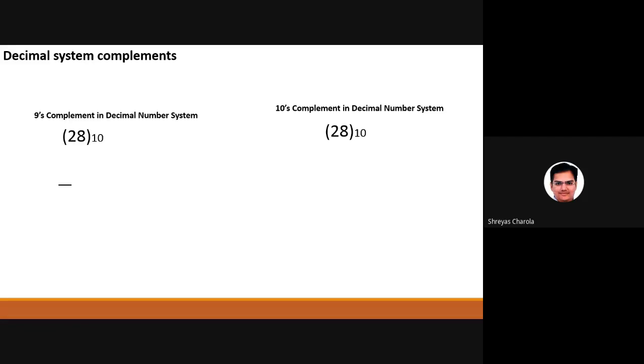What is the answer for that? Write it down in the chat box. I need a 9th complement and a 10th complement.